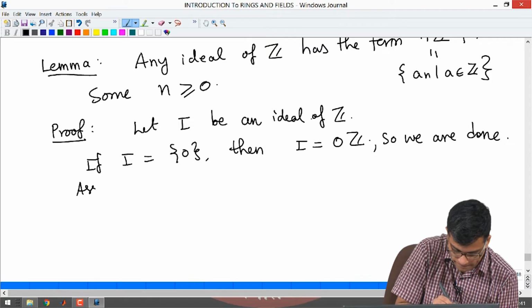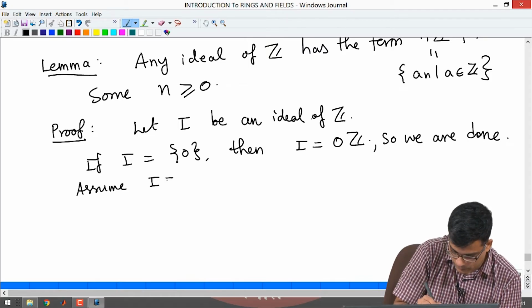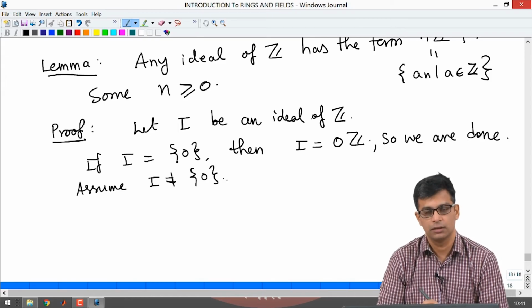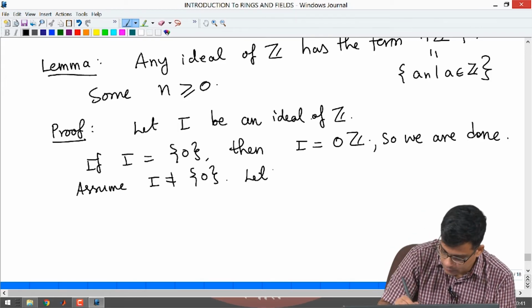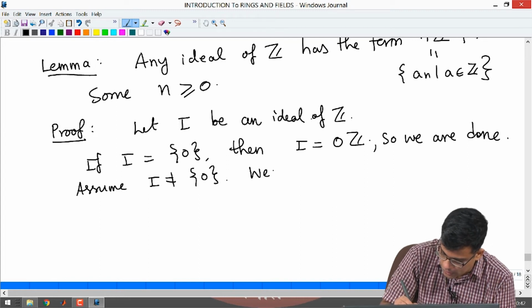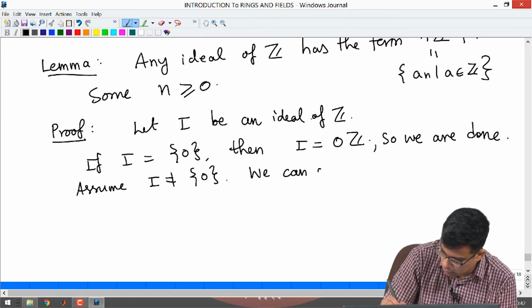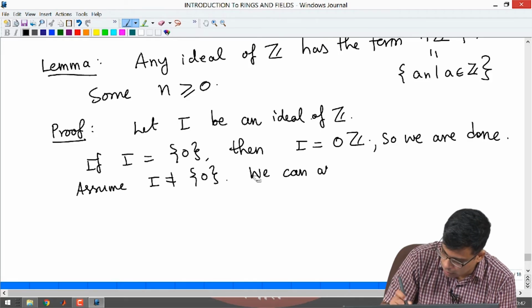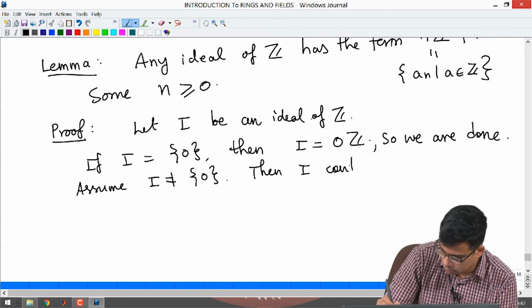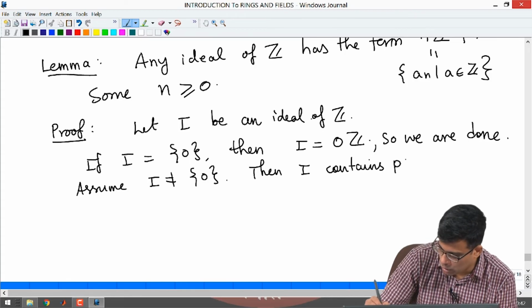So, assume I is not the set 0. In other words, I contains some other element. First of all, I claim that then I contains positive integers.